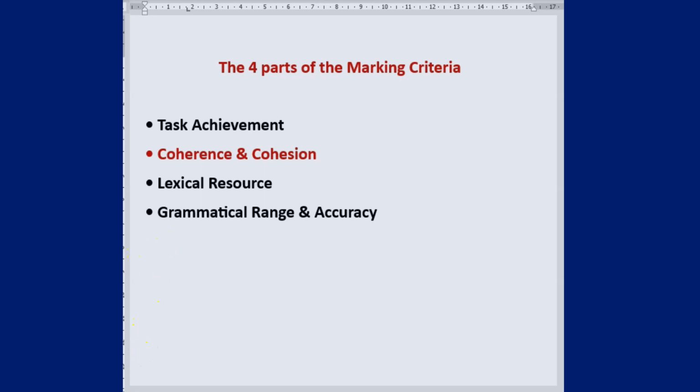Now let's move on to the next one, lexical resource. So lexical resource, as the name suggests, is about the lexicon, it's about words. So your word resources, you are assessed on the words that you use in the essay, which make sense and fit the topic that you are dealing with. So the words that you use, the synonyms that you use, the structures that you use.